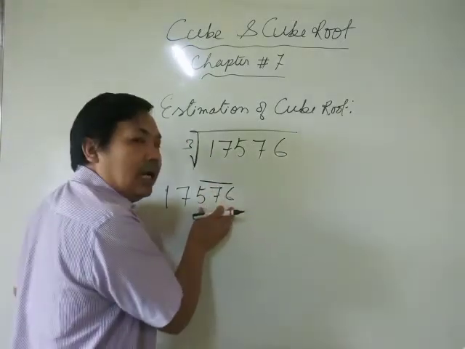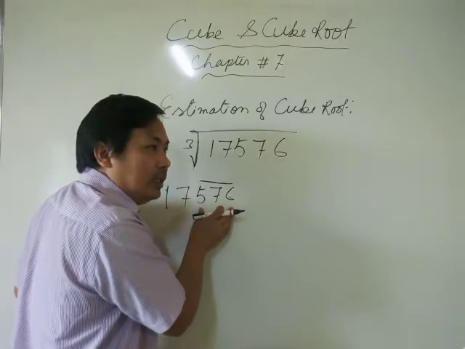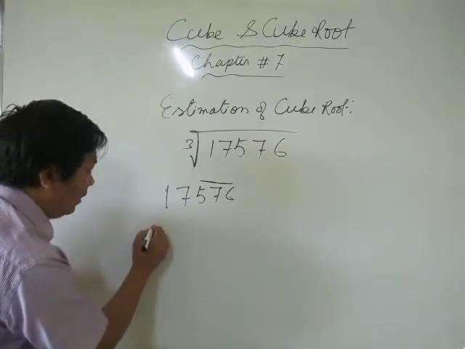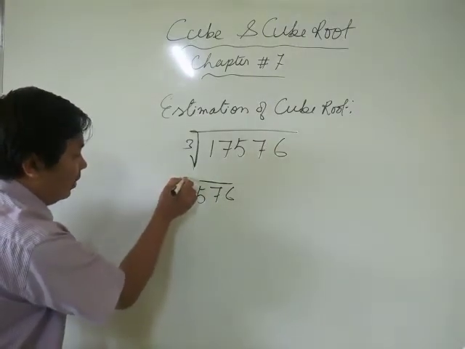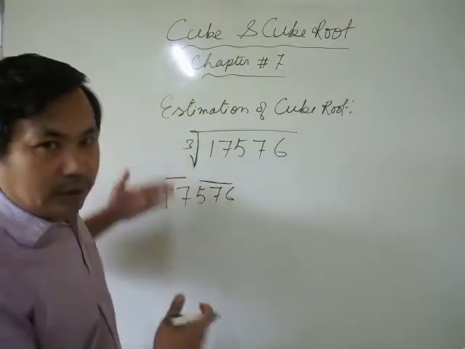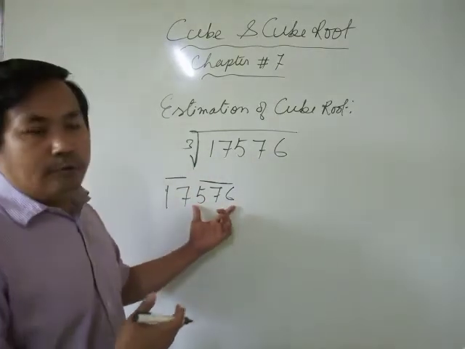So we group 3 digits here, and the remaining are 2 digits, 17. But first we group 3.